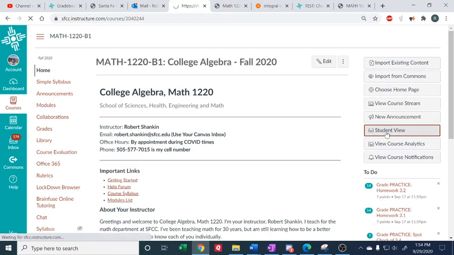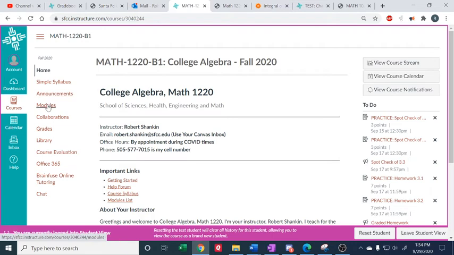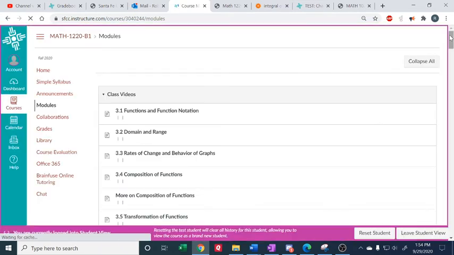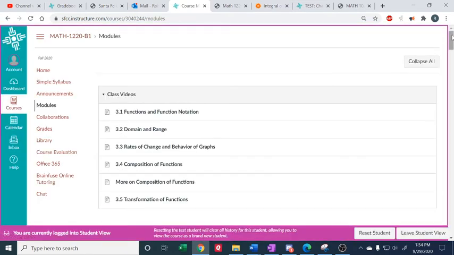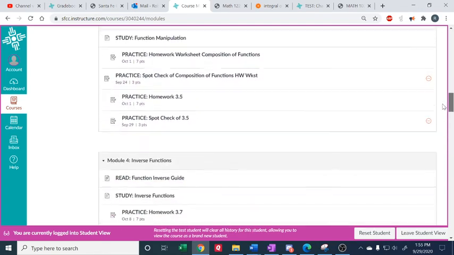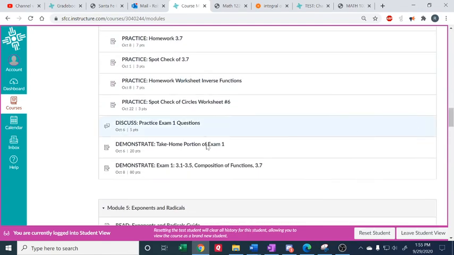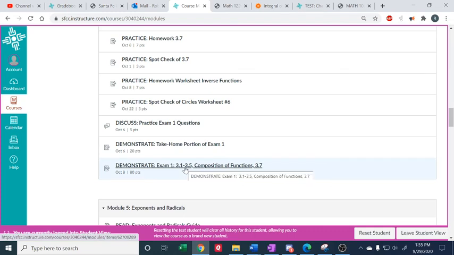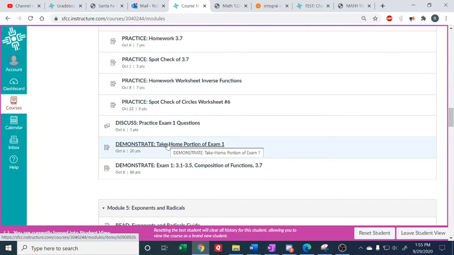So, modules, and if we scroll down where it says exam 1, there's take-home practice, take-home portion of exam 1, and there's a discussion where you are going to put issues that you have with exam 1, questions and answering questions here.